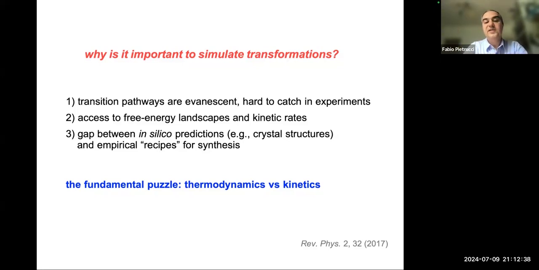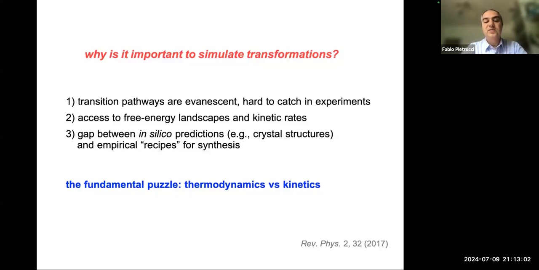Maybe they have wonderful physical properties. Now, the point is, of course, we would like to synthesize them in the lab. It's very satisfactory to predict something, but we also would like to apply them in the real world. And then it's not so obvious how to pass from a structure that we predict to a recipe to synthesize it.